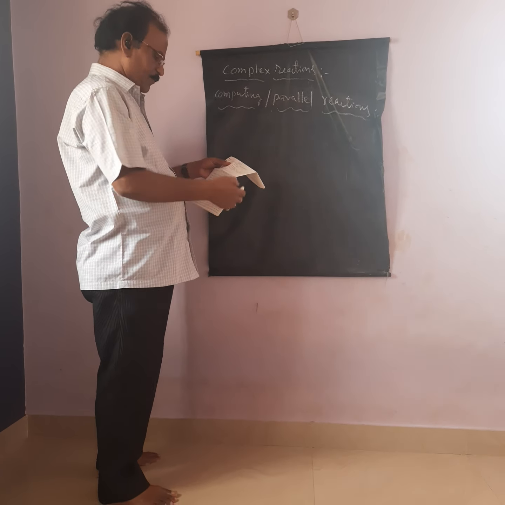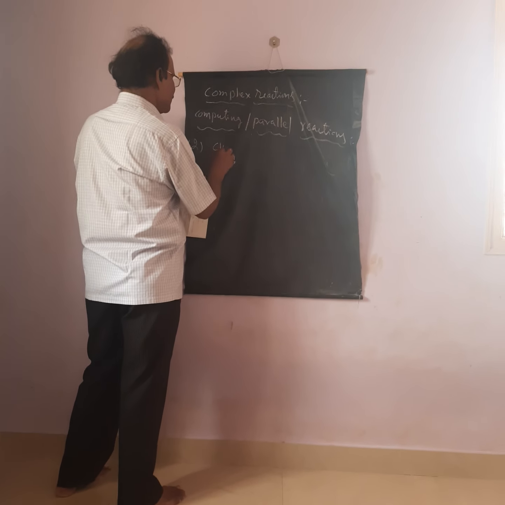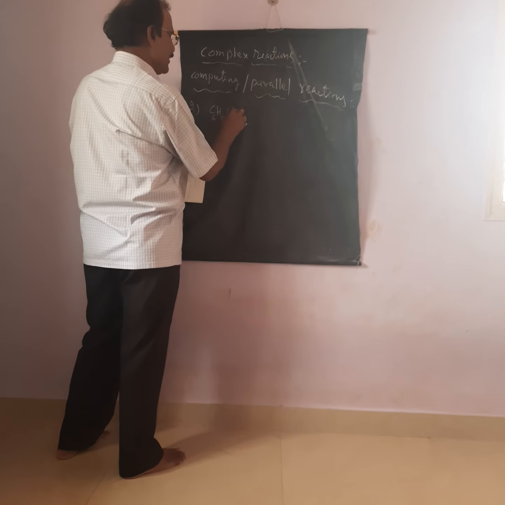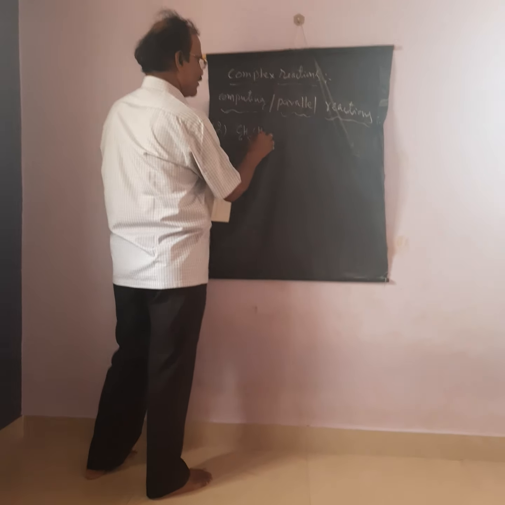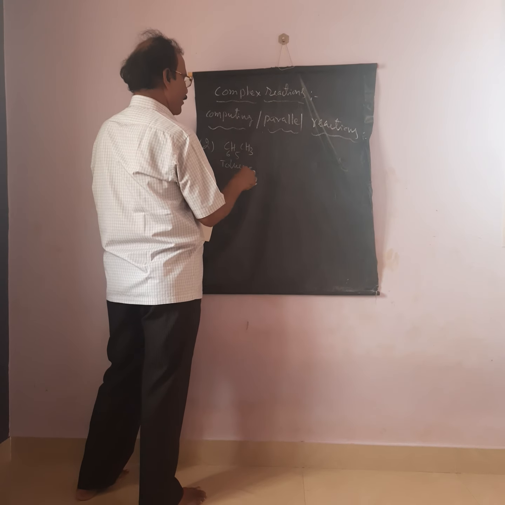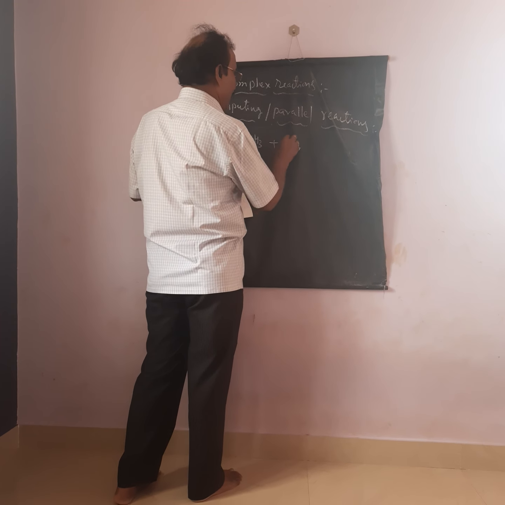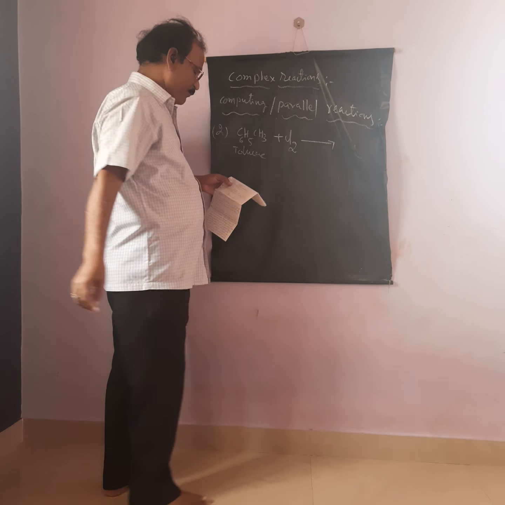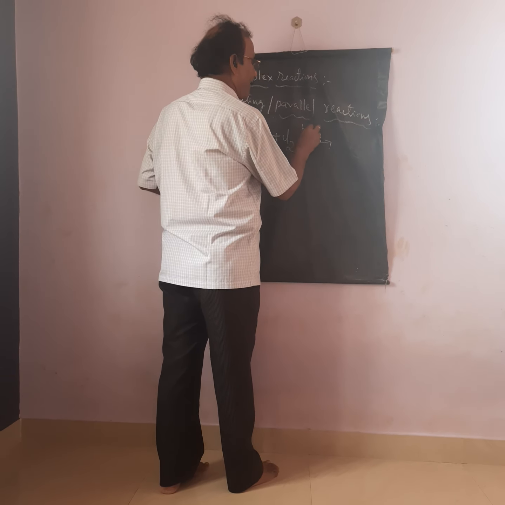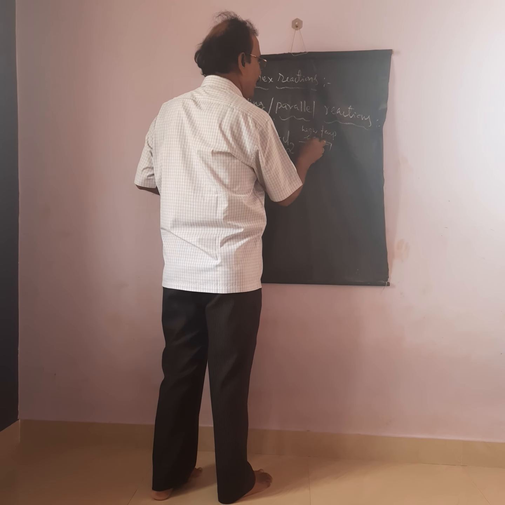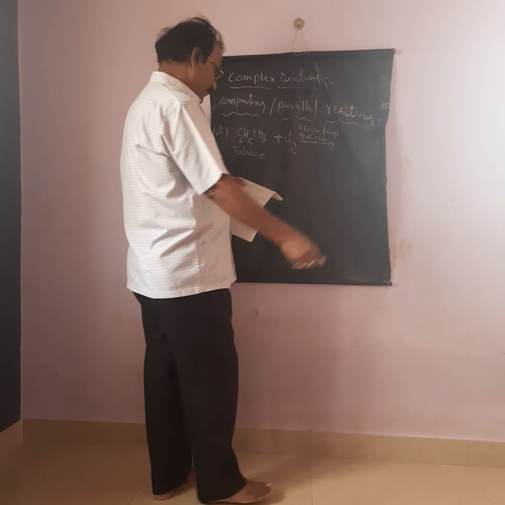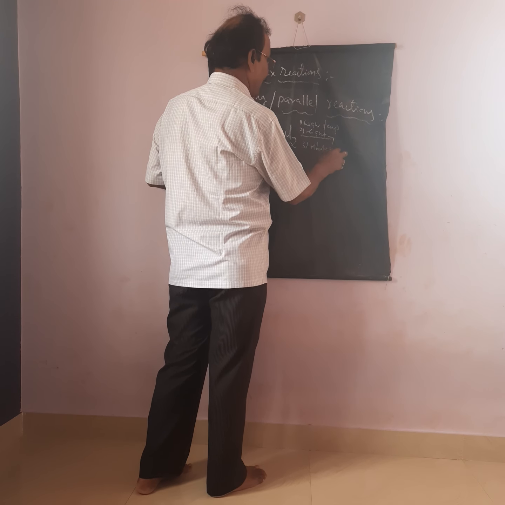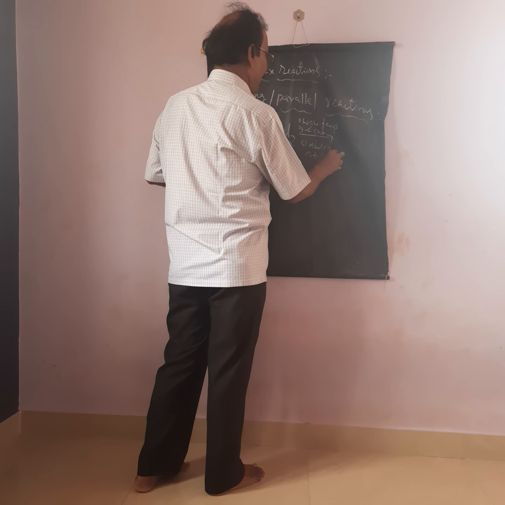Toluene, C6H5CH3, when treated with chlorine gas at high temperature, in presence of light, and in the absence of catalyst, the reaction occurs at the side chain, that is the CH3 group.